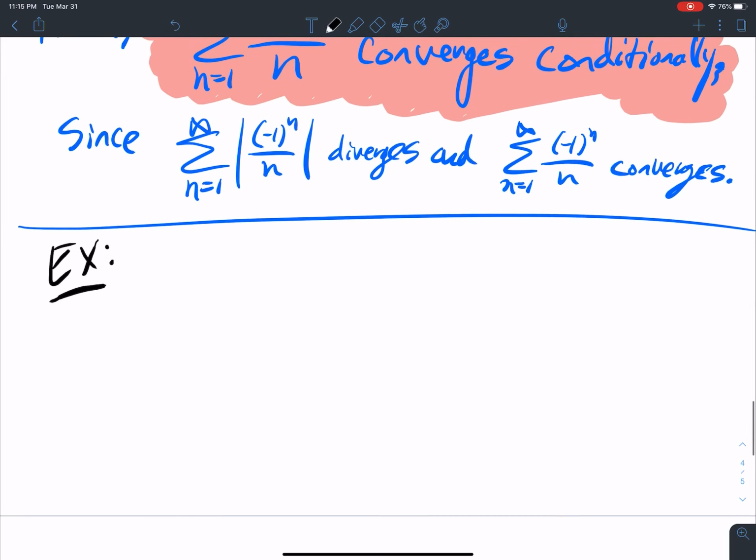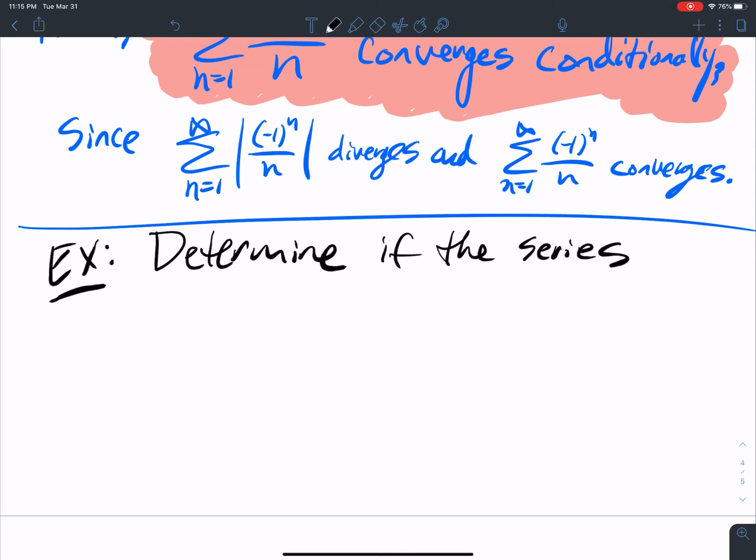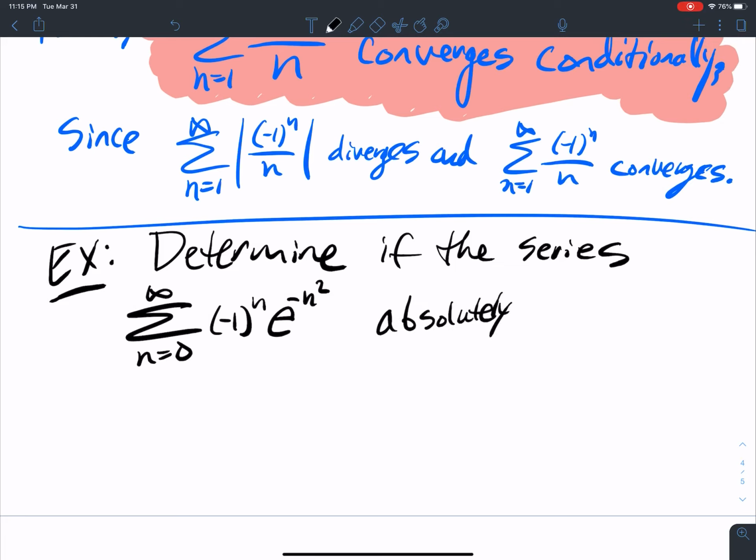So I want to determine if the series, oh, that's an ugly sum, the sum from n equals 0 to infinity of negative 1 to the n, e to the negative n squared, absolutely or conditionally converges or diverges.